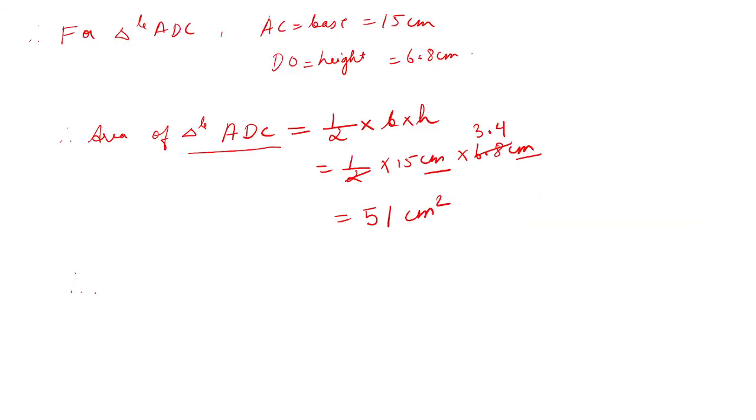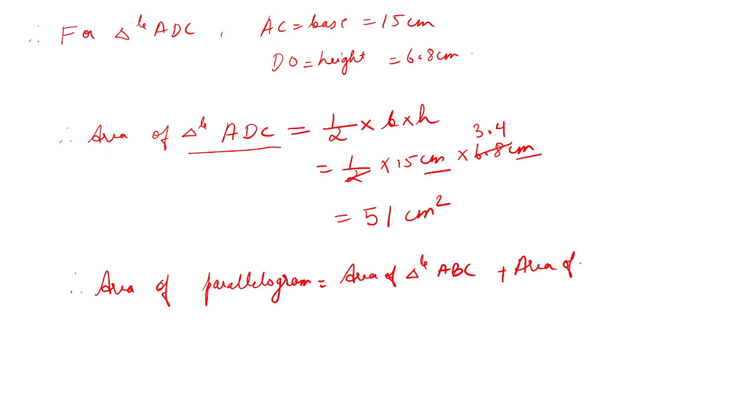So the area of parallelogram is the area of triangle ABC plus the area of triangle ADC. The area of triangle ADC is 51 centimeter square, and the area of triangle ABC is also 51 centimeter square. 51 plus 51 is 102 centimeter square.